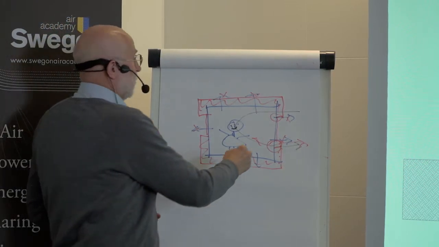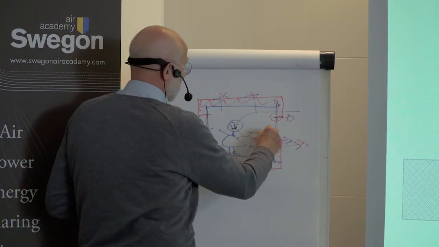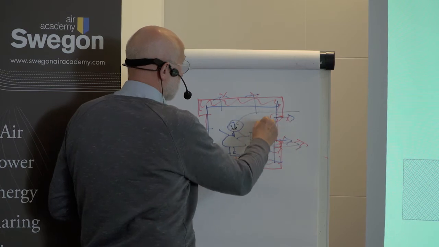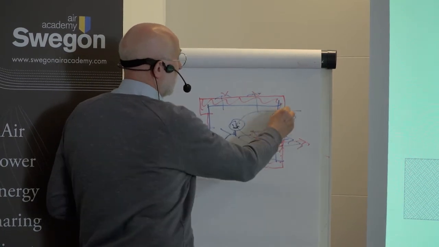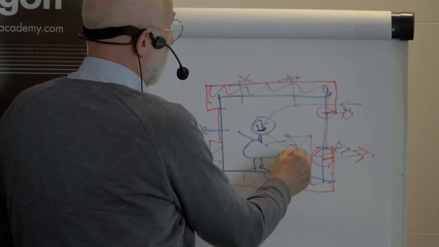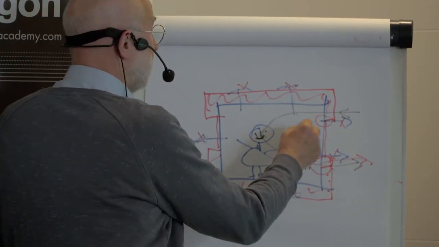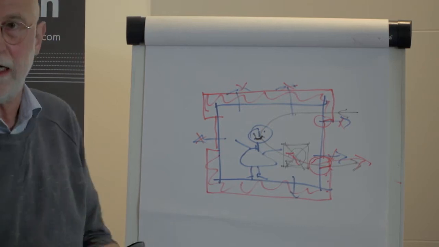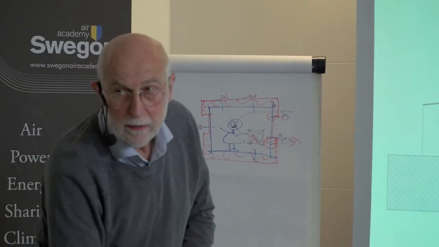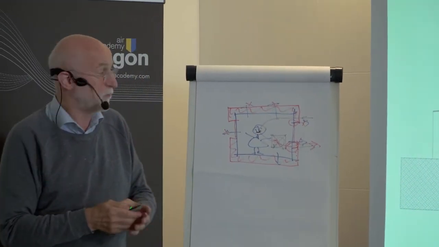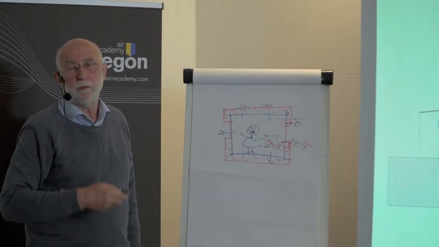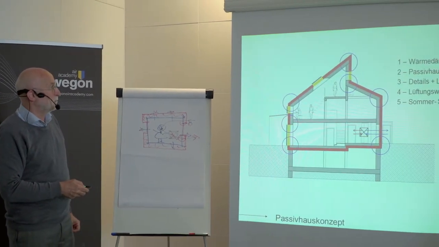Therefore we can make a heat exchanger and control so that he always has the best air to breathe, and we can recover the energy from the old outgoing air. And then we have really minimized the consumption of the building, and we can do it by heat recovery.